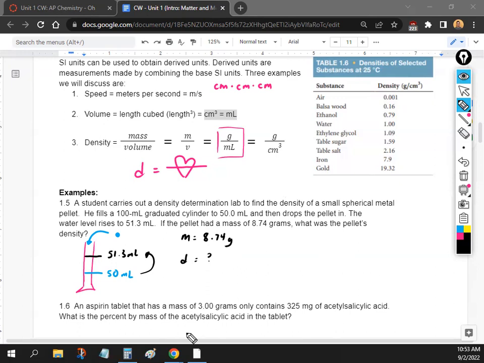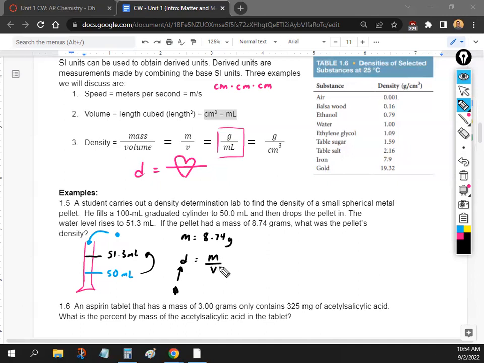So I'm going to go through the step-by-steps, but if you feel confident solving this on your own, you can just ignore me for a little bit and try solving it. But this is kind of new, so I'm going to go over it step-by-step. We're looking for density, which means we need to use the density formula. The density formula is mass divided by volume, so M divided by V. So if we are looking for density, that means we need to have mass and volume, right?